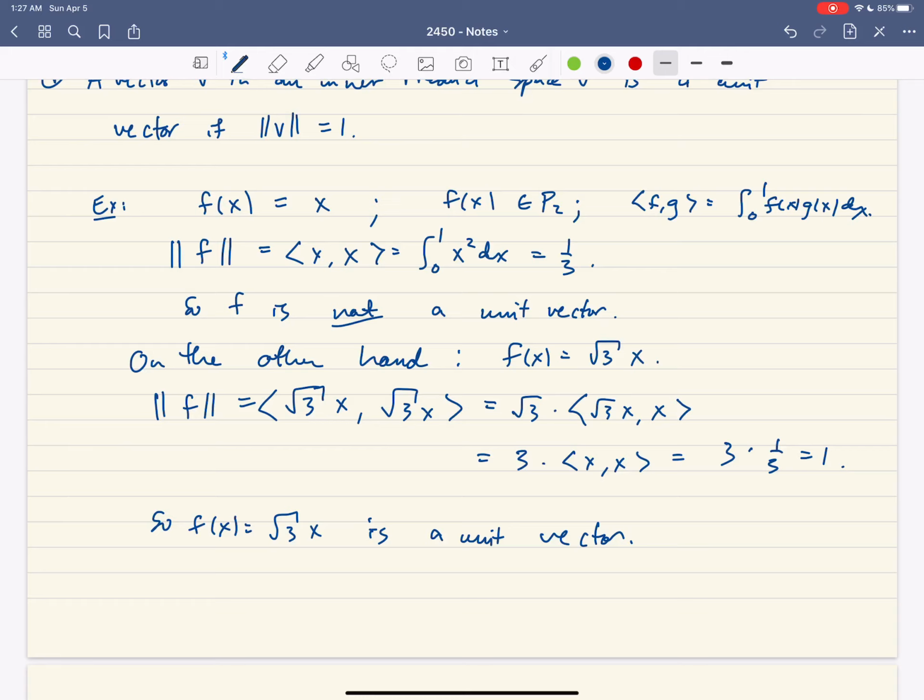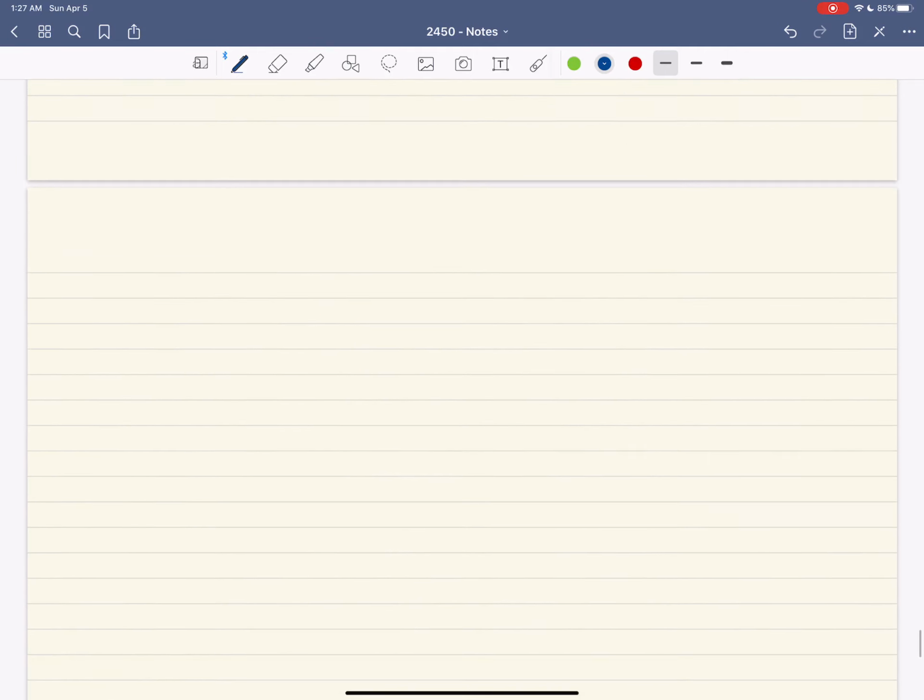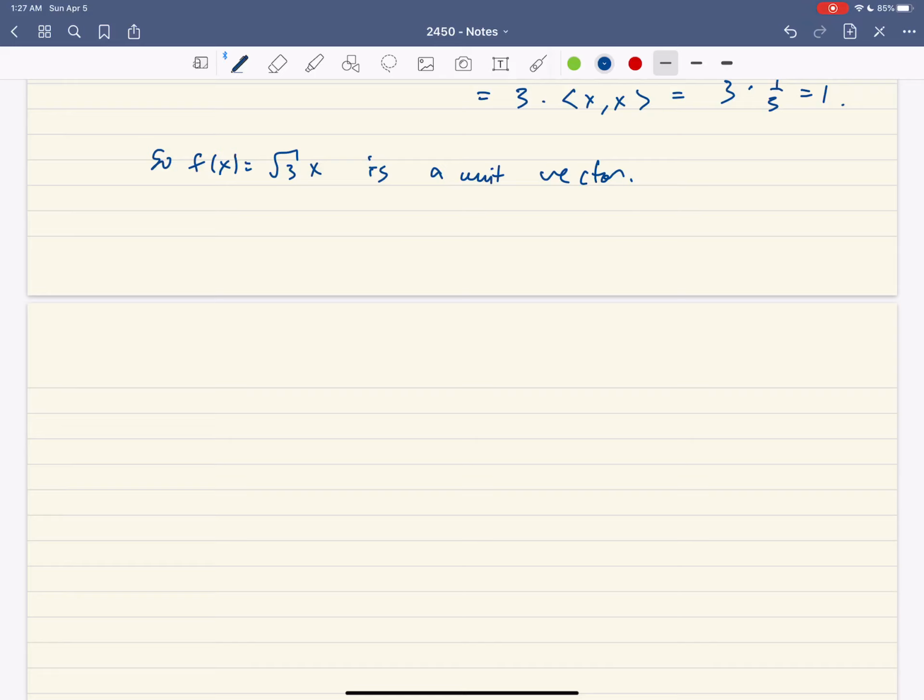Okay. The last topic, just to bring up, and this is related to unit vectors, is there's this notion of what's called an orthonormal basis. An orthonormal basis is going to be a basis where all the basis vectors are mutually orthogonal.